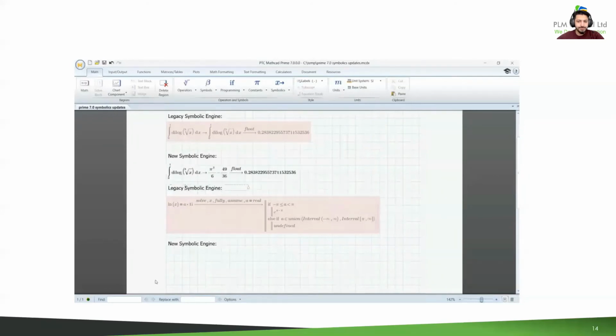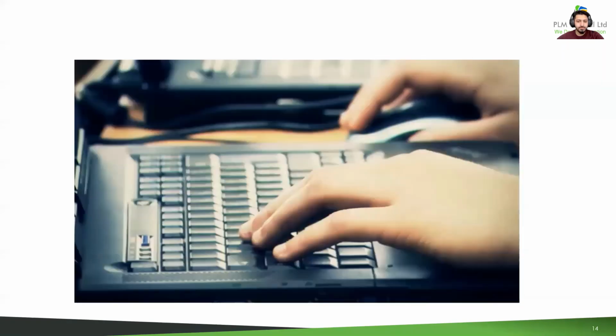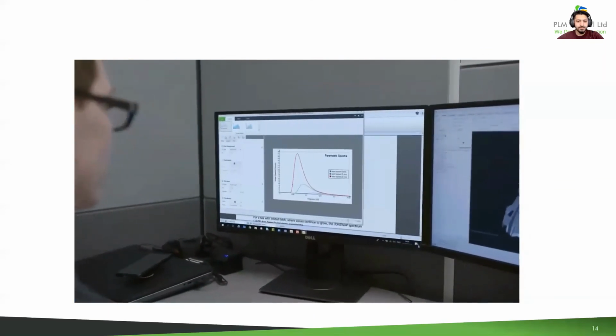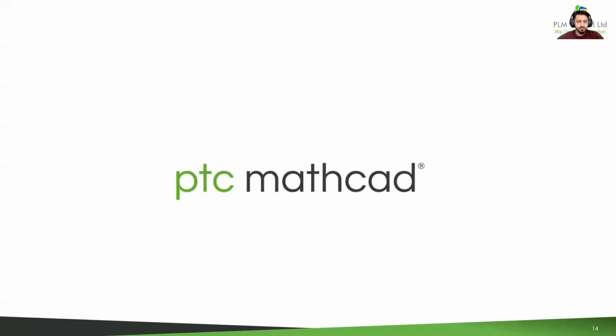With this new symbolic engine, PTC can now rapidly update and enhance Mathcad Prime software in response to customer feedback. We've already made over a dozen such improvements. Mathcad Prime 7 features key documentation and usability improvements, along with numerous customer-driven enhancements to the new symbolic engine. Mathcad Prime 7. Bring your engineering notebook and calculations to life.